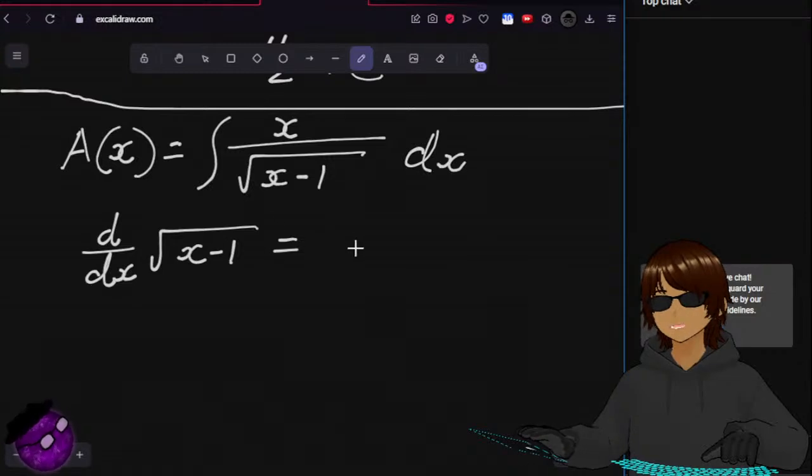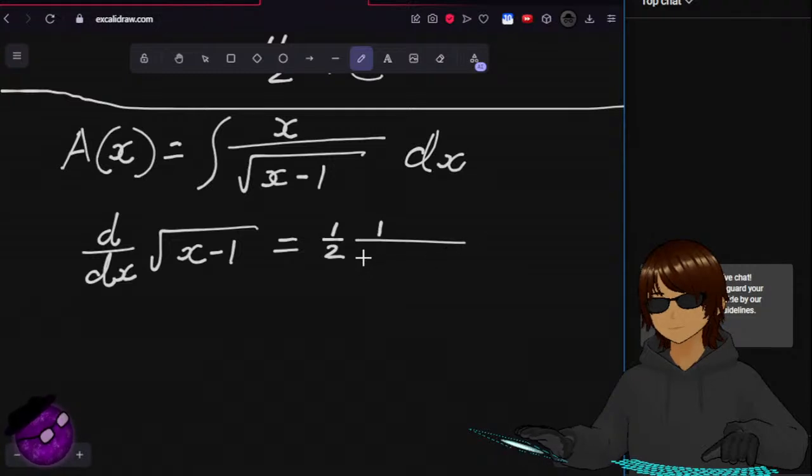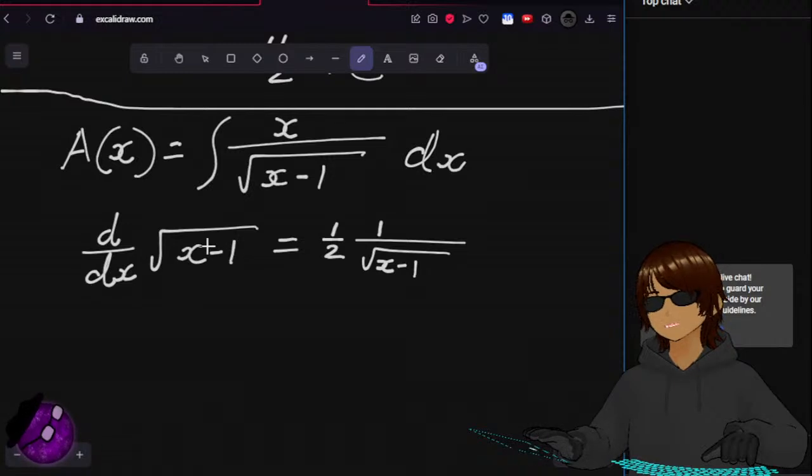So half will become minus half. Right? And then the derivative of the inside is just 1.